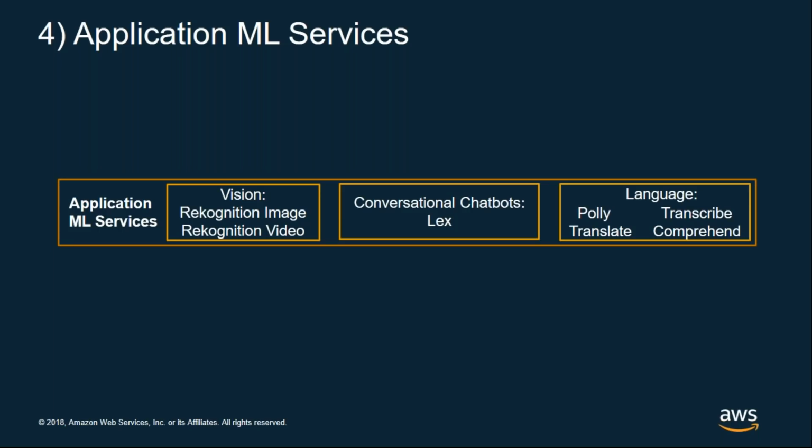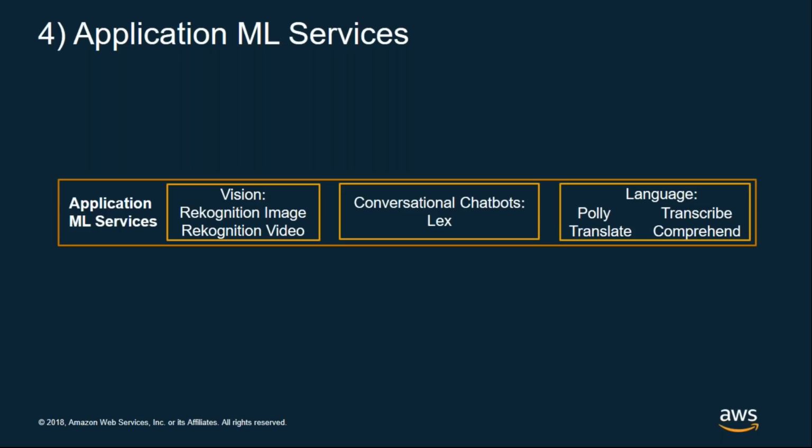So if you take a look at our Rekognition Image or our Rekognition Video service, this essentially allows us to detect things within either still images or within video. And so namely, you can detect objects and scenes. You can also detect faces and characteristics with those faces, and then you can also detect text.